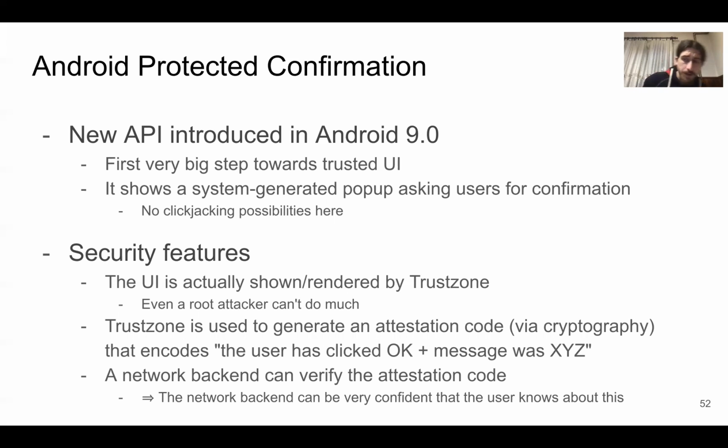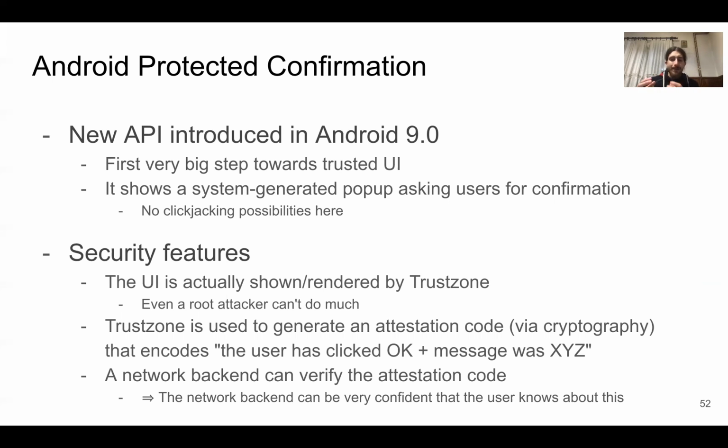Let me rephrase this, because it's not trivial. There is a UI message that is shown by TrustZone, and then the user clicks OK. TrustZone registers that the user clicked OK, takes the message that was shown to the user, and creates an attestation token starting from this message.